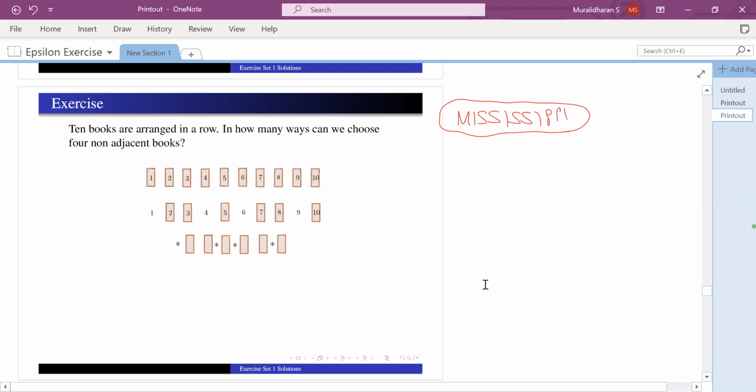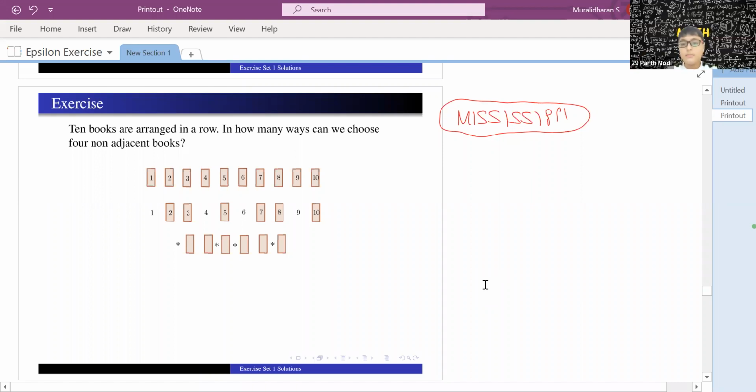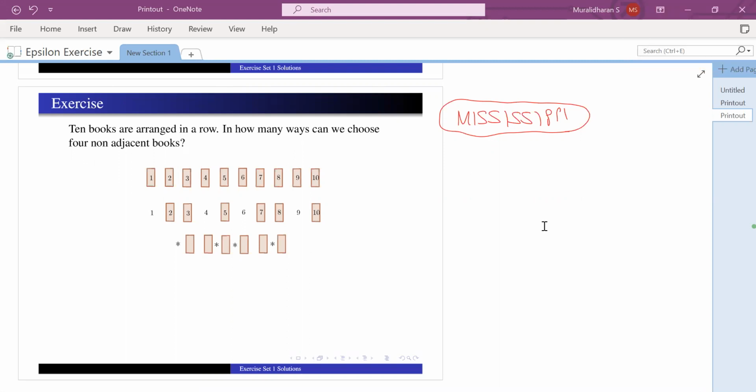So why 7C4? Because we are adding a dummy place at the right, hence we have 7C4. No, we are not adding a dummy place at all in this case.